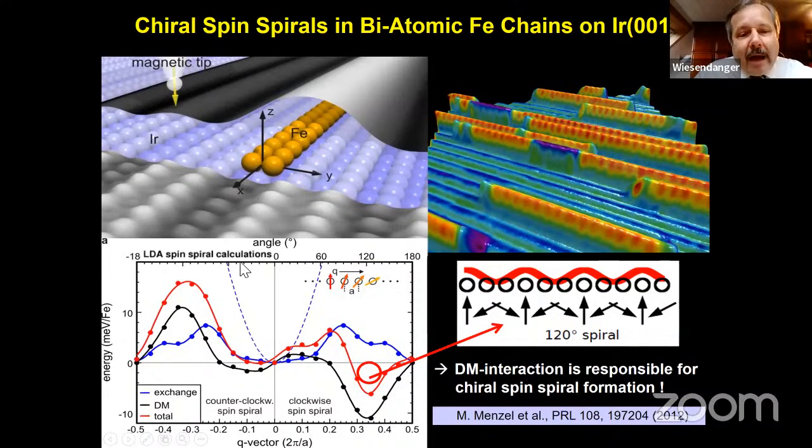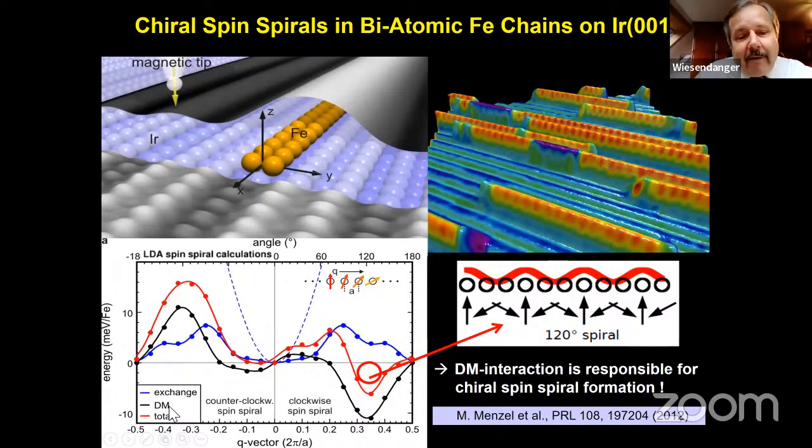They did spin spiral calculations where they calculate the energy of assumed spirals with a Q vector. And they looked, of course, at both counter-clockwise as well as clockwise rotating spin spirals. And they looked at the contribution of the Heisenberg exchange and the DM interaction. You can see that the Heisenberg exchange would give a minimum at Q equals 0. That means if we only considered Heisenberg exchange, the prediction would be a ferromagnetic collinear state.